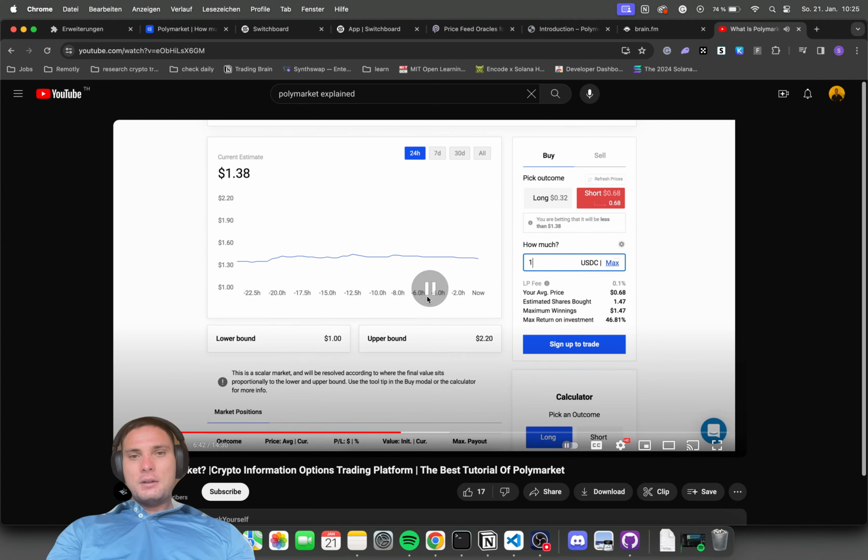Again, here we see translate share price. Shares are between 0 and 1, and then they have some logic to calculate the price off of it.